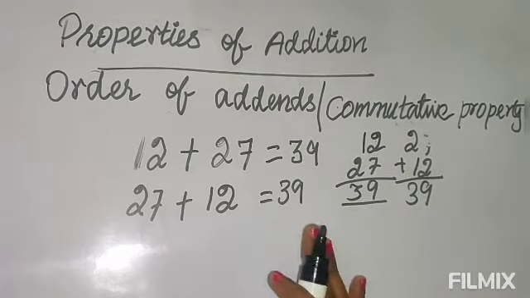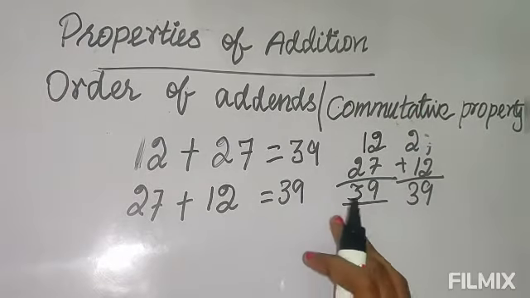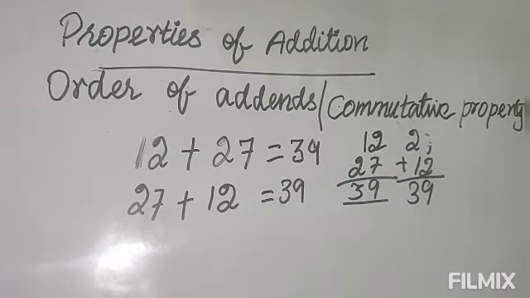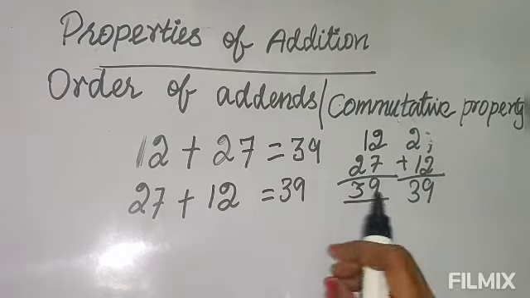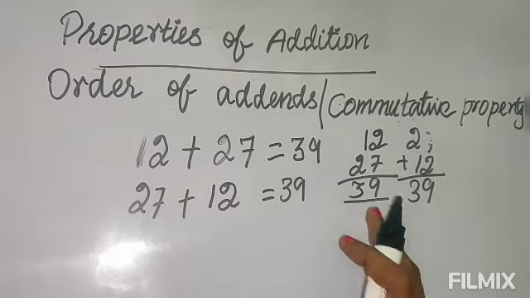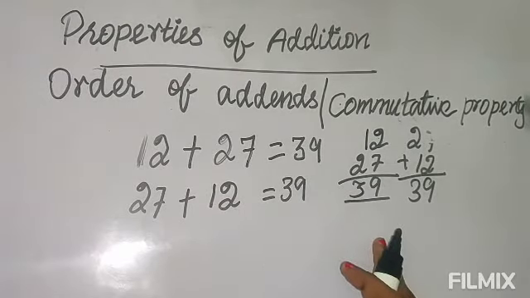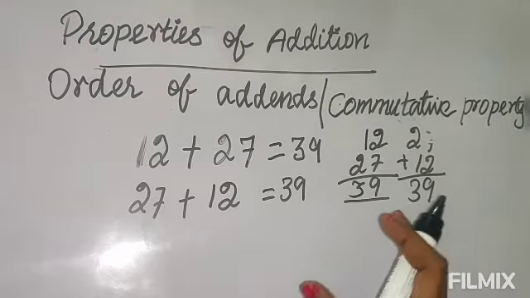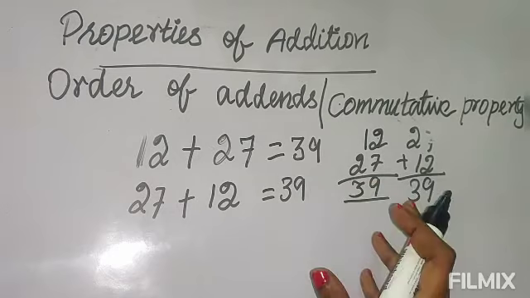How can we remember commutative? You remember communication. Communication means we speak to someone, to inform something to another person. To communicate, you need two persons, isn't it? With a single person alone, you cannot pass the information.